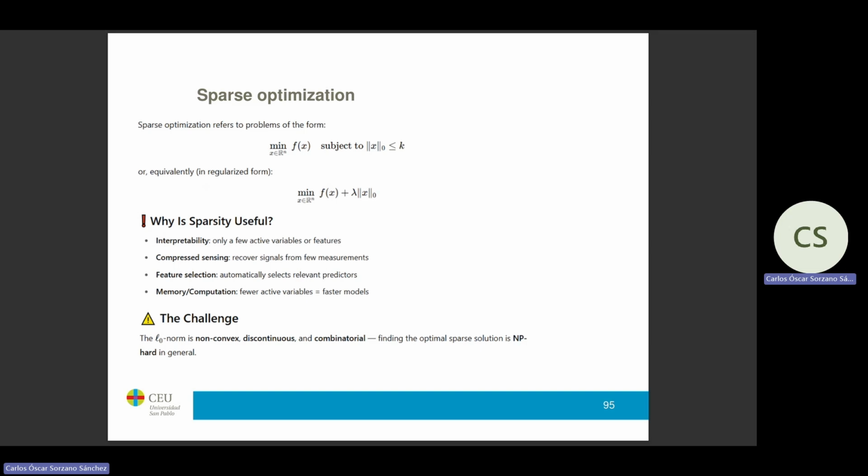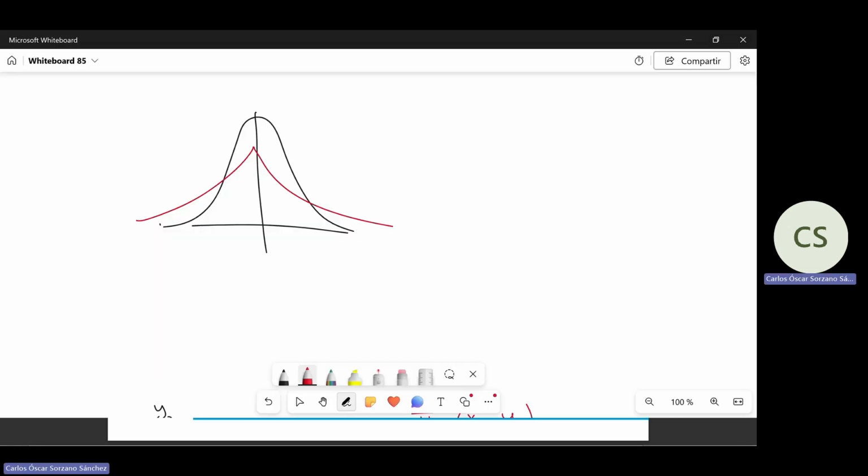So the L0 norm is the number of components, the cardinal of the set of x_i different from zero. Okay, so this is a set, and then it is the cardinal of that set. So you simply have to count how many components are different from zero.